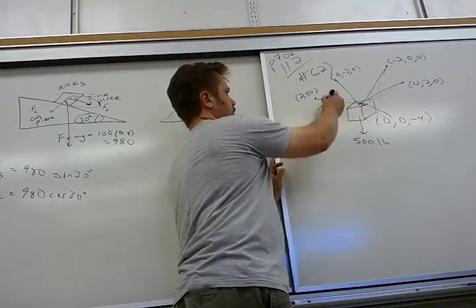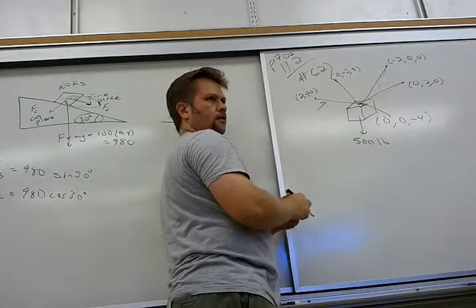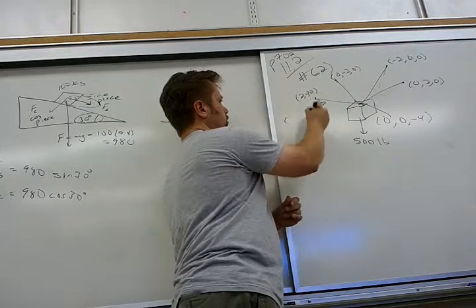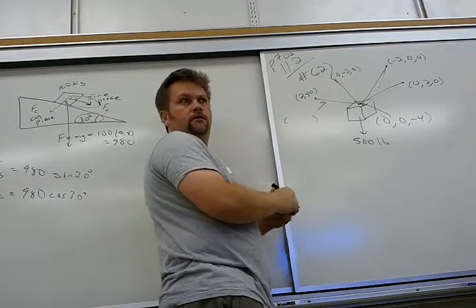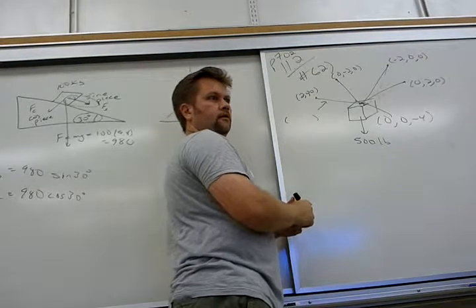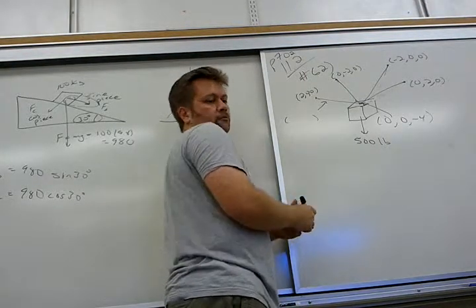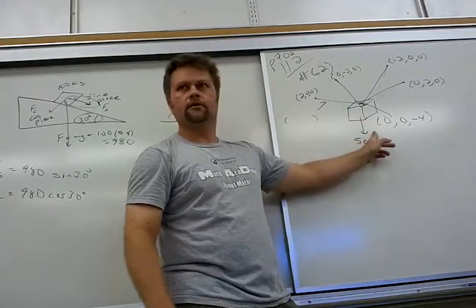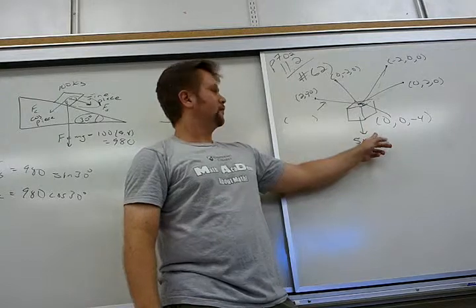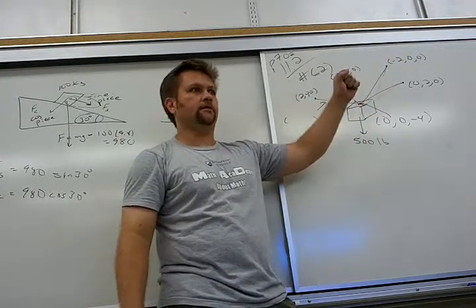So what's that vector there? It was 0, -2, -4. And which direction do you think that vector should really point? So 0 in the X direction. And really, if this force is pointing down, then the forces supplied by these would be pointing up, right?